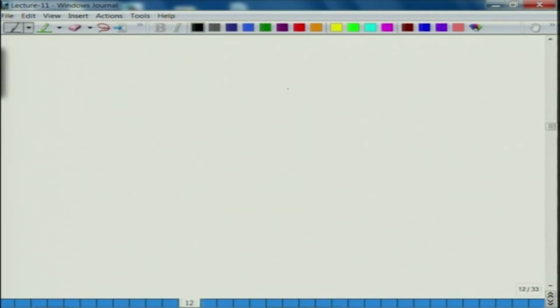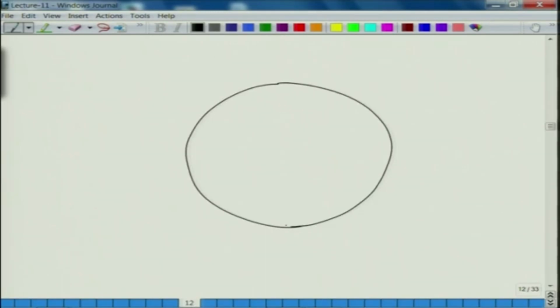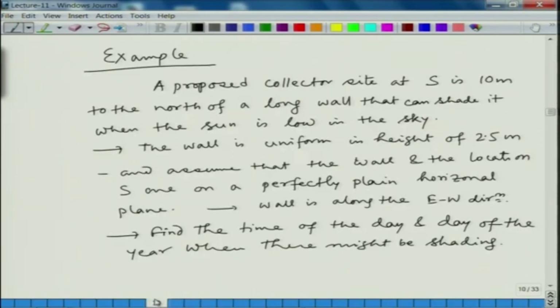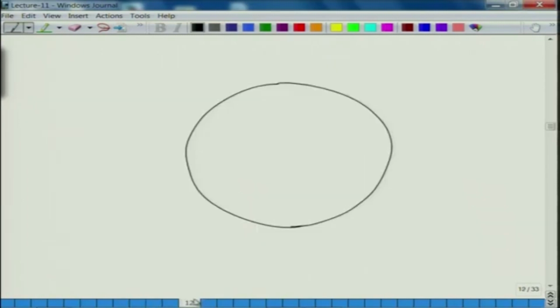Suppose you have a location, and for this example the location is given to be 45 degree north, okay. That is the latitude, okay. Now, suppose this is the earth and you have a location here, suppose this one only, 45 degree north.